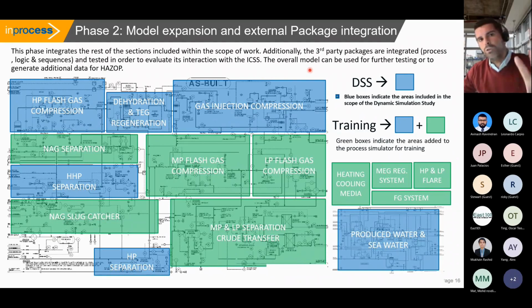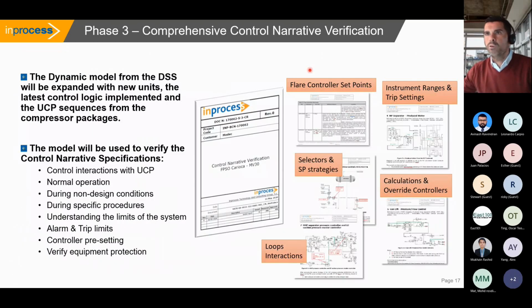With all those models created and linked, what we provide to you as a deliverable is not only the native files, but of course the reports and the information that we provide to the process team and to the operations teams, right? To put in clear the insights and what we have seen during all those analyses.